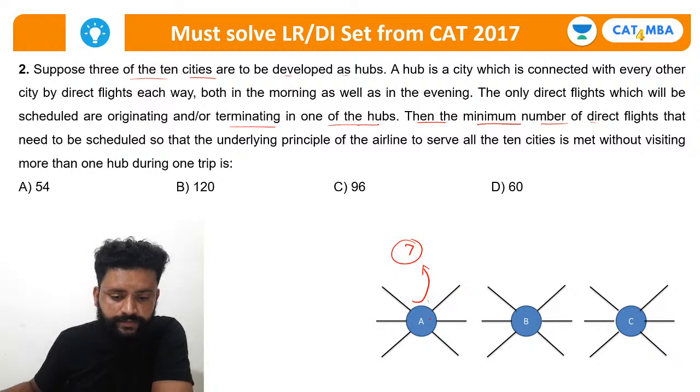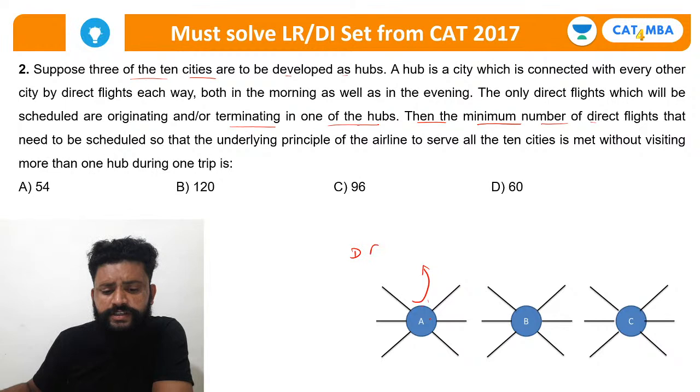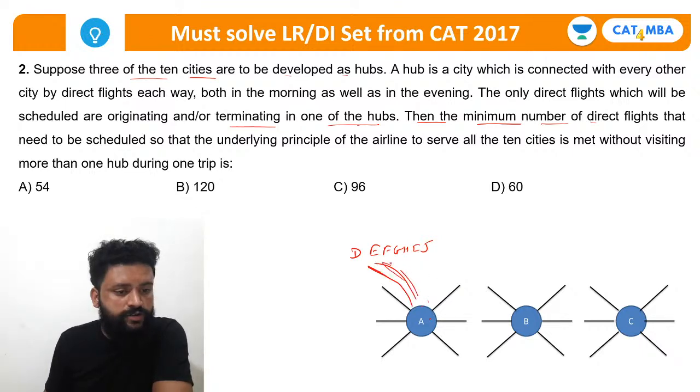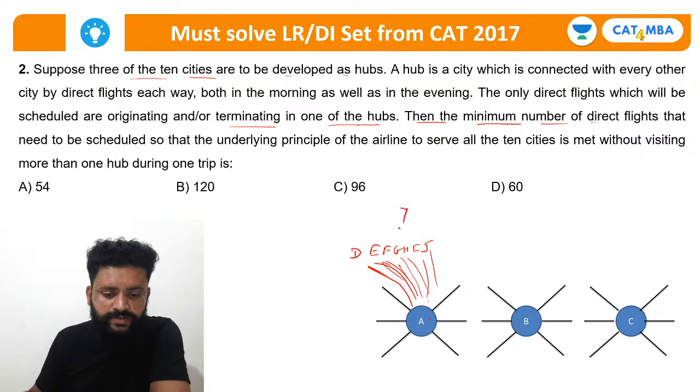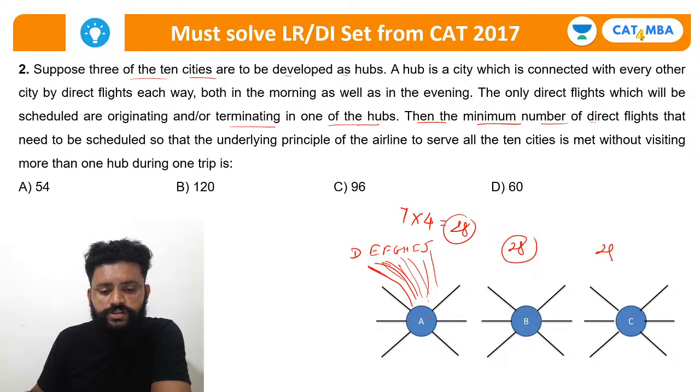So A will have 7 combinations with the other cities, right? Each of these combinations requires 4 flights, so 28. Again, as in the first question, it will be 28 for B, and 28 for C. That's 84.